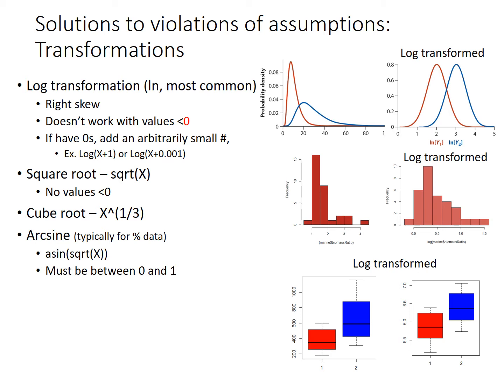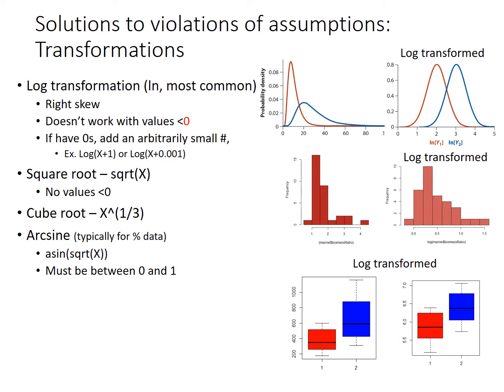And so say your x variable was number of cells or something, you're getting numbers that are in the tens of thousands, then maybe a log x plus 1 is appropriate. If your variable is small, you're getting 1, 2, 3, a half, you might want to do a smaller number like 0.001. You just want to do an arbitrarily small number that isn't going to hugely affect your data set.